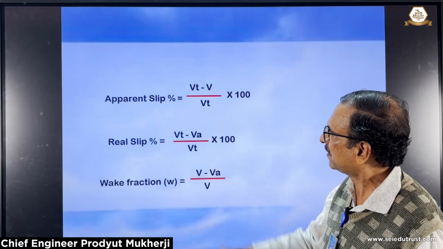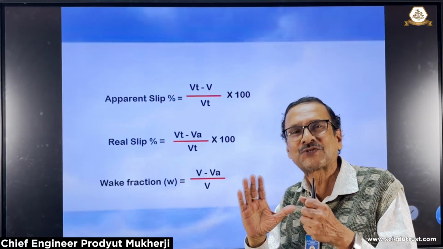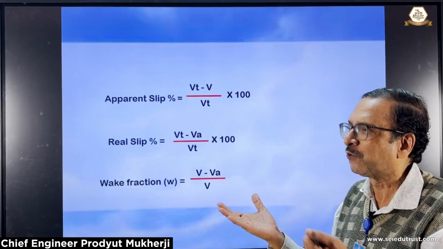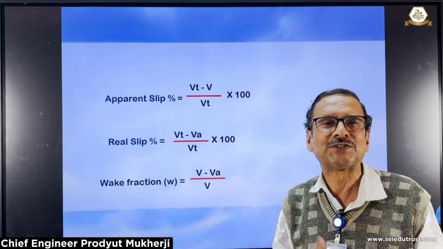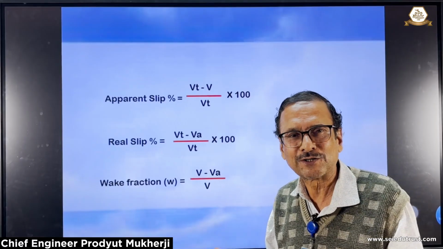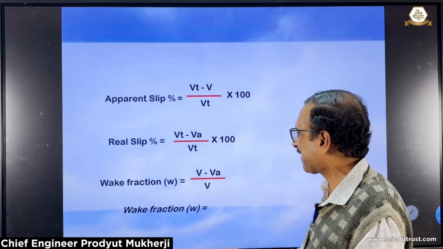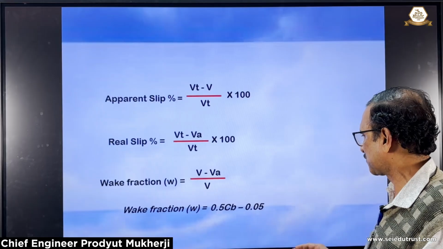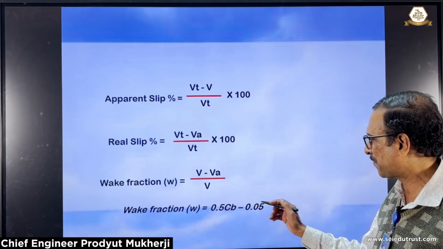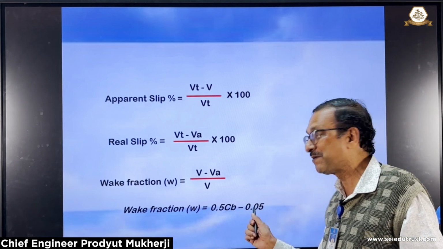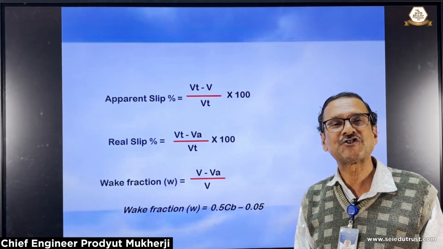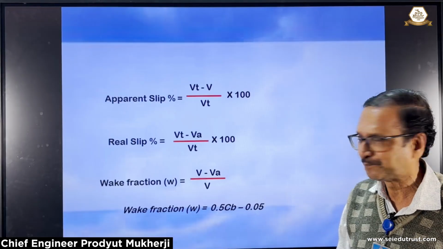So these are the three different types of slips that indicate how imperfect the propeller movement is because it is running in water. And this wake fraction is also denoted by a small formula, 0.5 Cb minus 0.05, the Cb being the block coefficient of a vessel.